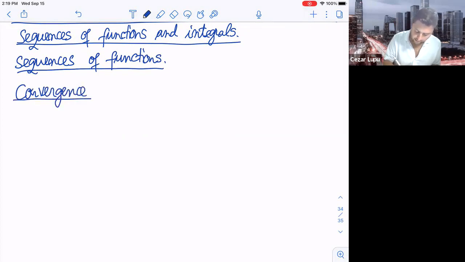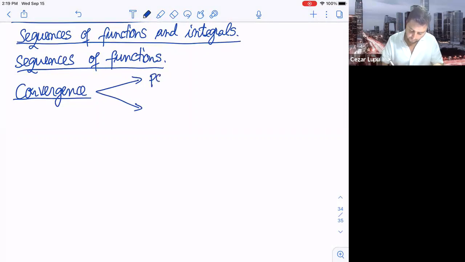We said that there are two types of convergence, the two more important types that we will deal with. The first one is the pointwise convergence. And the second one is the uniform convergence.